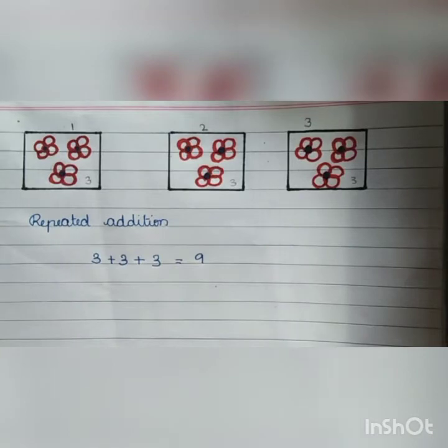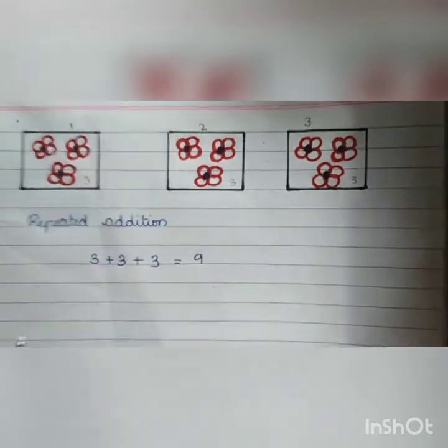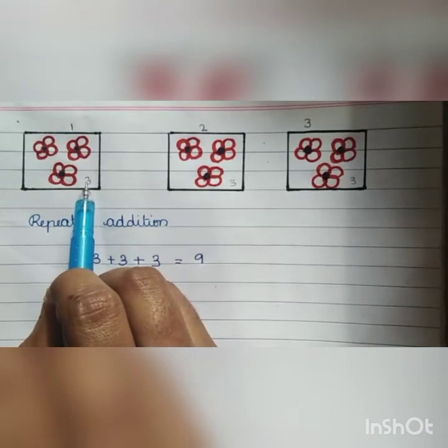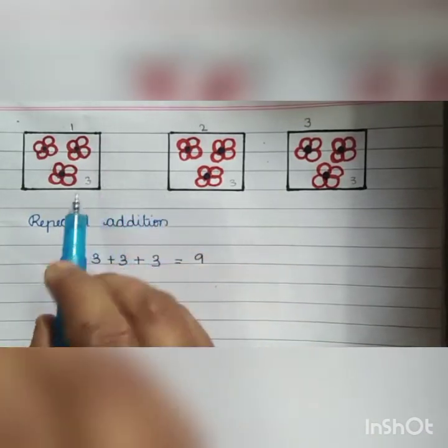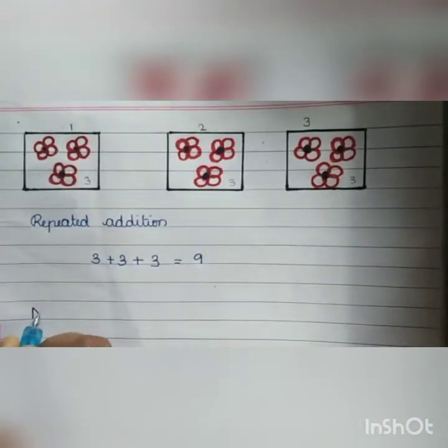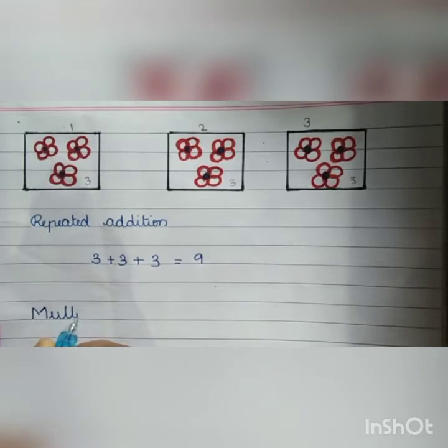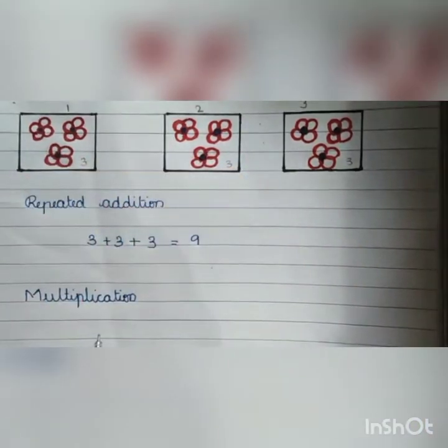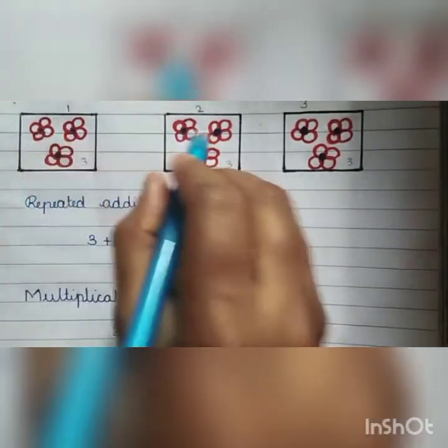Now we can find the total number of flowers by multiplication. To find the total number of flowers by multiplication, first we should multiply the number of flowers in each box by the number of boxes. So we should multiply the number of flowers in each box, that is 3, into the number of boxes.